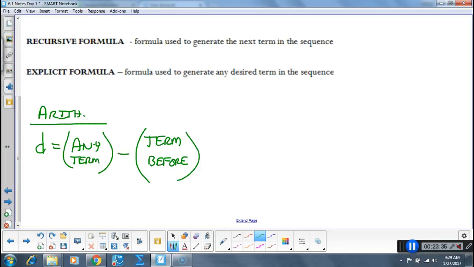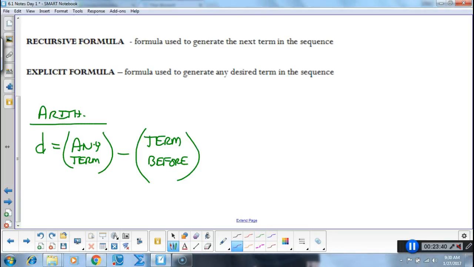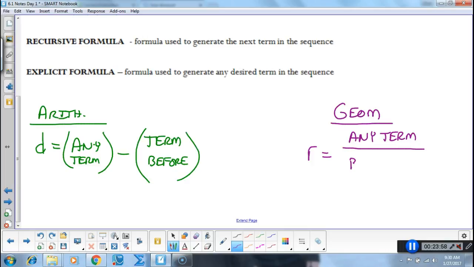That's how you find D. In geometric, R is any term divided by the term before it.